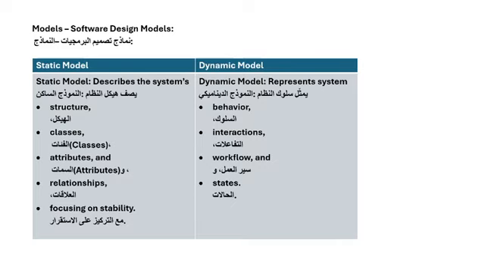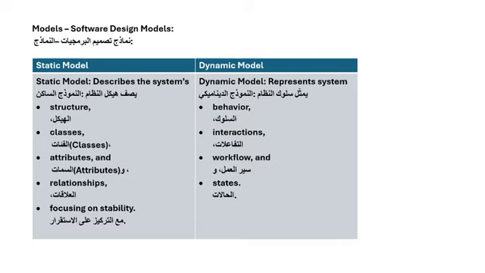Software design has models. There are two models used in software design. One is called the static model and then the dynamic model. As I told you earlier, this chapter has two parts, part one and part two.